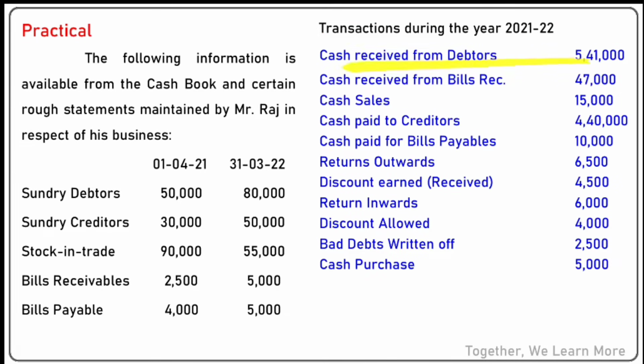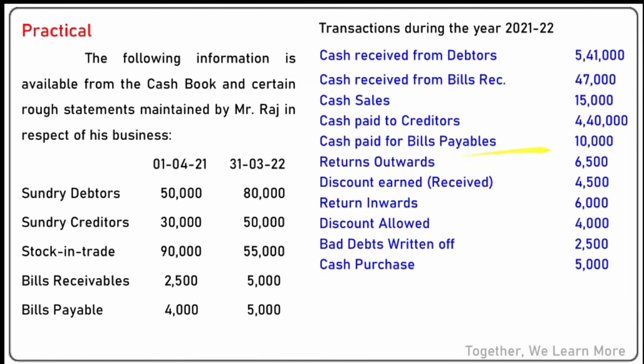Cash received from debtors 5,41,000. Cash received from bills receivables 47,000. With both these transactions, cash is in, so the cash account is debited and these two accounts are credited. We have cash sales, cash paid to creditors, cash paid for bills payable. Both cash paid to creditors and bills payable are cash out, so the creditors and bills payable accounts are debited and the cash account is credited.